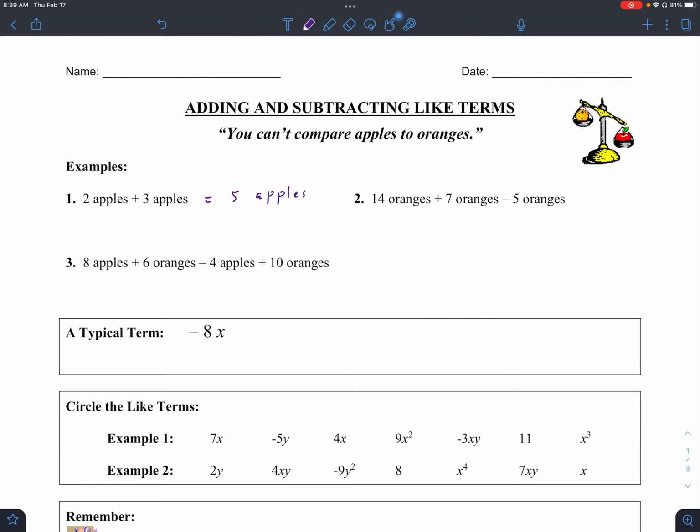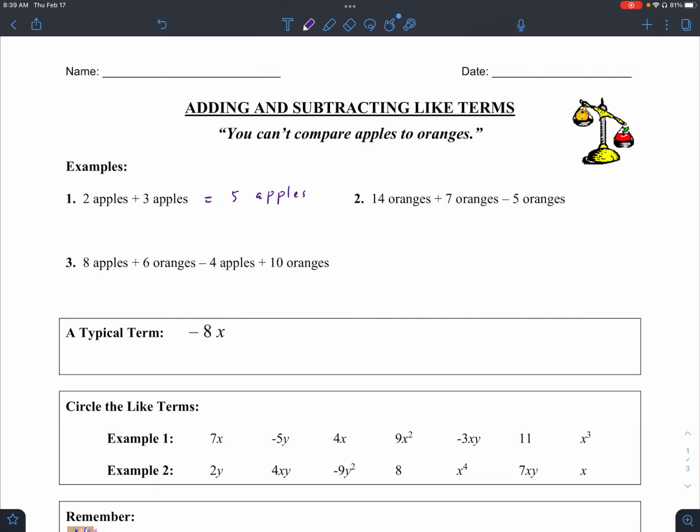Because apples are like objects, they're very similar to each other, so we can add them together and collect them. You wouldn't say you have two apples and three apples, you would just say you have five apples.